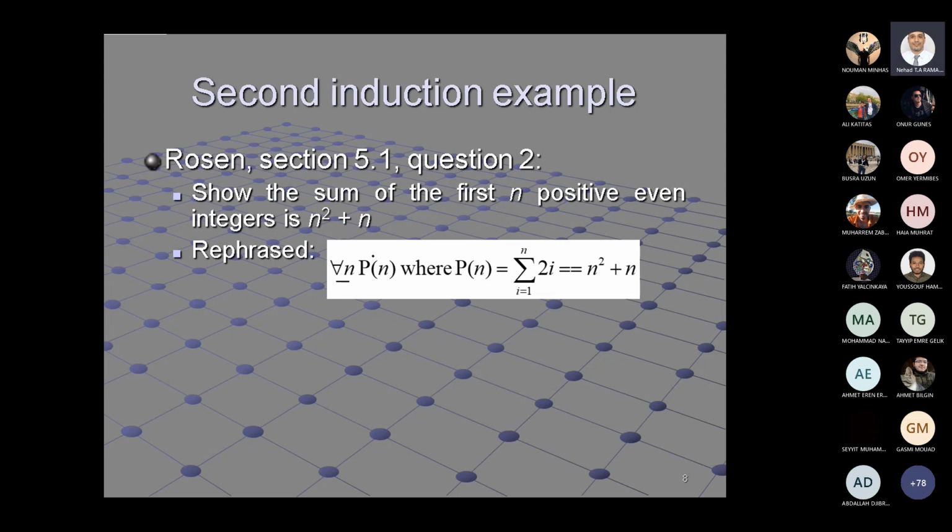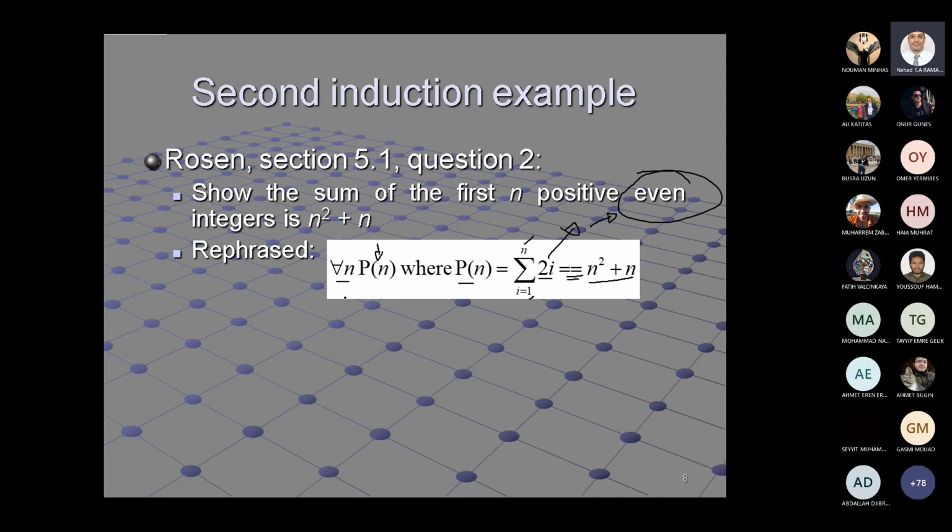For all n, we have polynomial Pn where Pn equals the summation from i equal 1 to n of 2i. This 2i is the general form for the even integer. We need to show that this one equals n to the power 2 plus n, sorry.